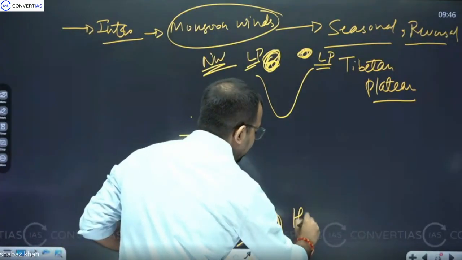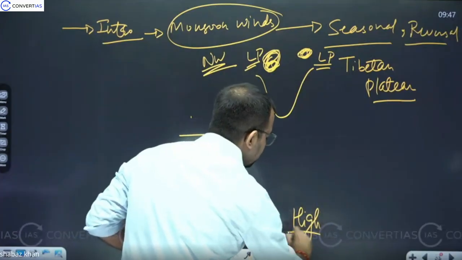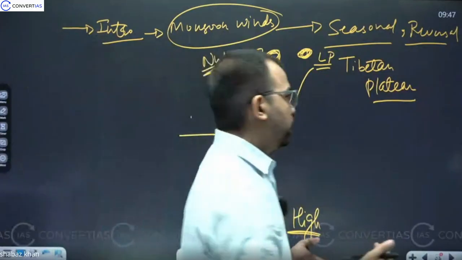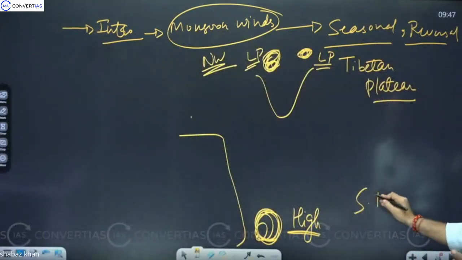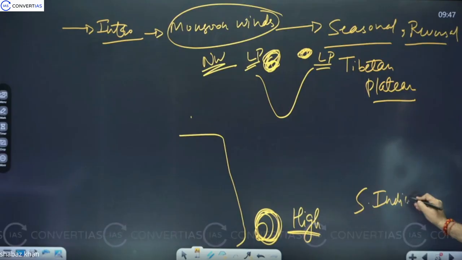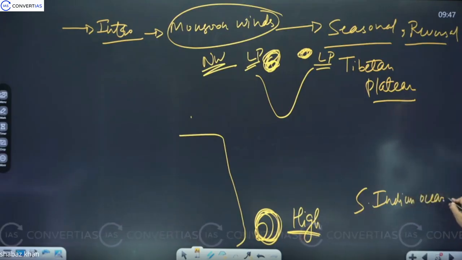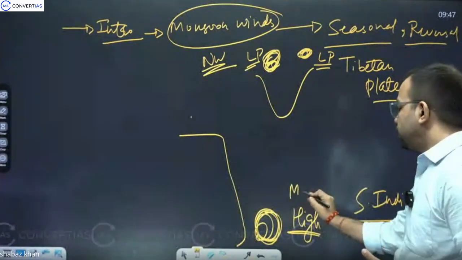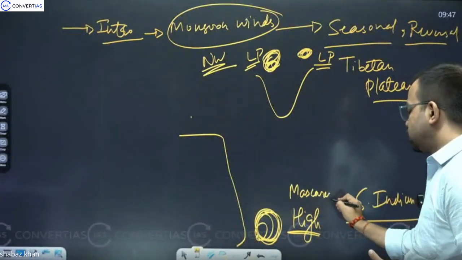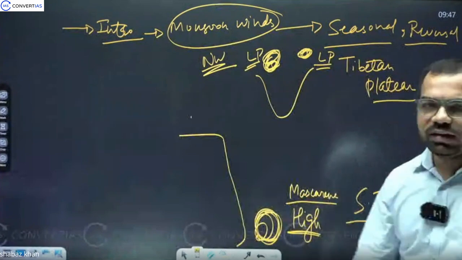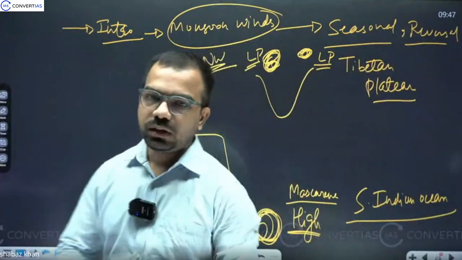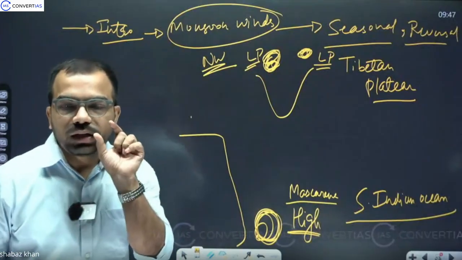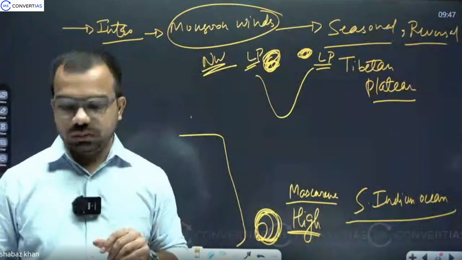Is there any source of high pressure there in the southern Indian Ocean? Yes or no? It is called Mascarene high. Why exactly is there high pressure? Do tell me. What is the temperature required for high pressure?